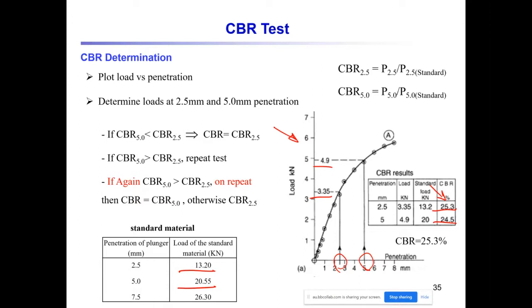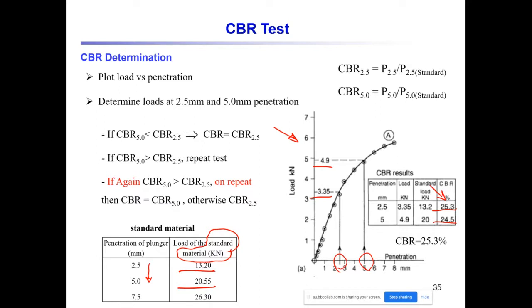For most soils, the rate of increase in load is not comparable with the increase of the load for the standard material. For the standard material, we have a much higher rate of increase in the level of load. Look at this one: from 2.5 to 5, the value increased from 13 to 20.